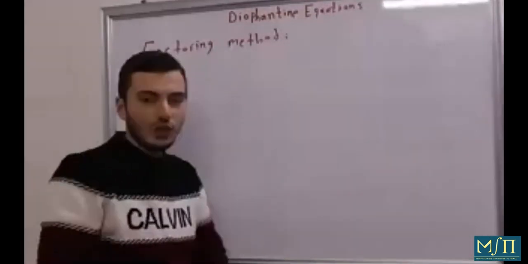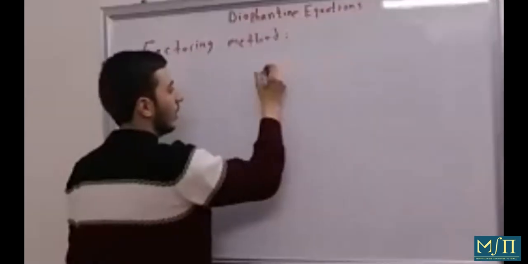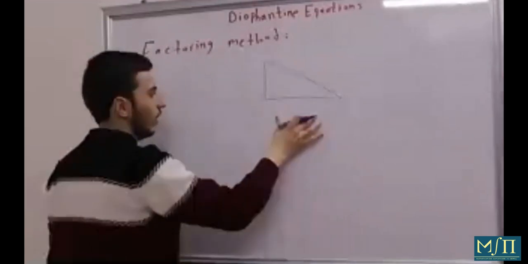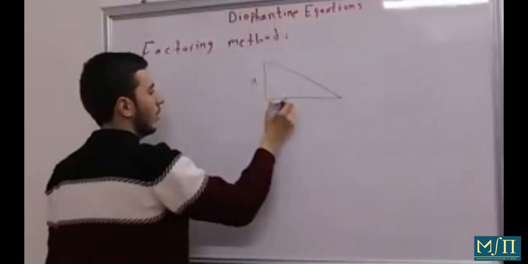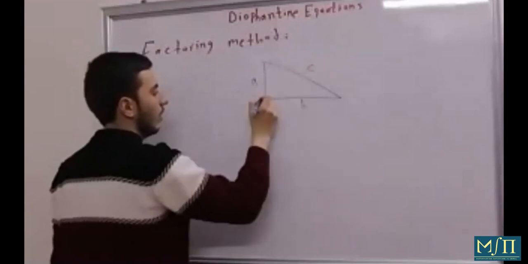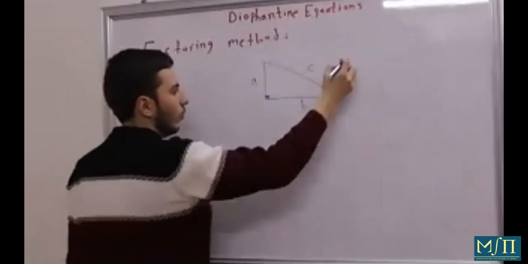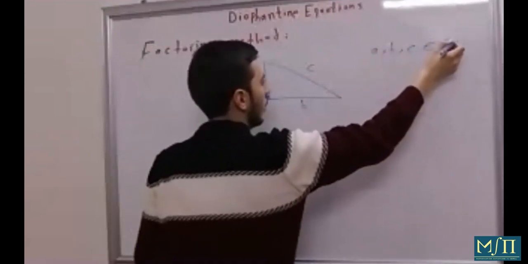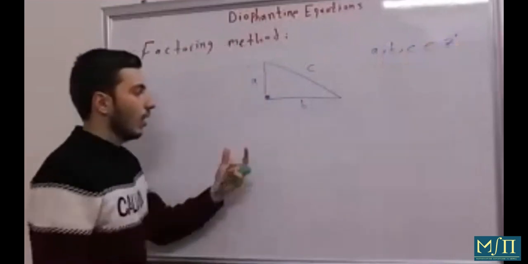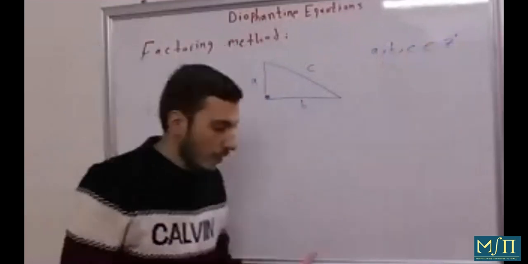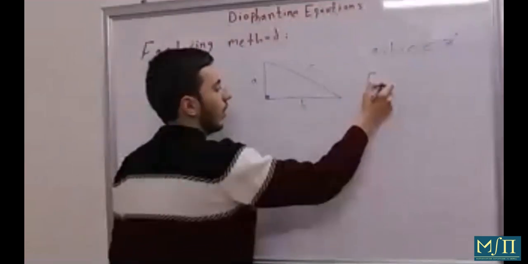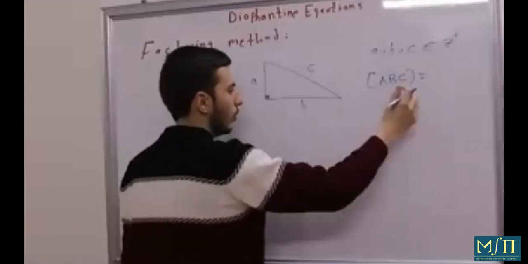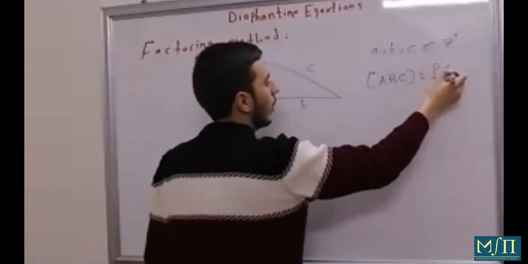So don't think it's geometry, but we have some right triangle. And here we have a, b, and c, and a, b, and c are integers. And we have the area of ABC equals the perimeter of ABC.